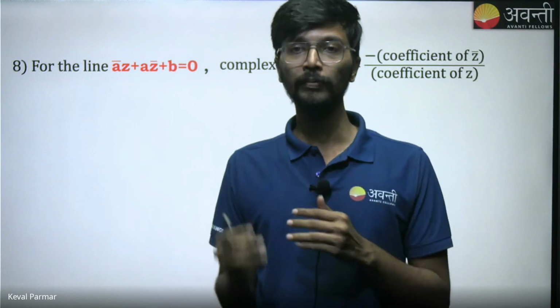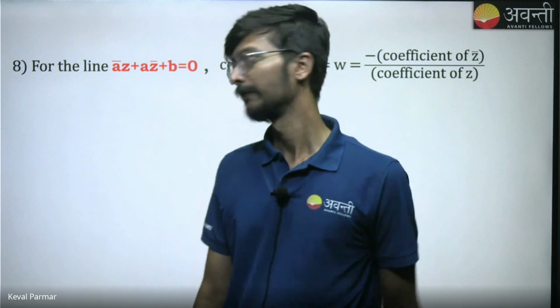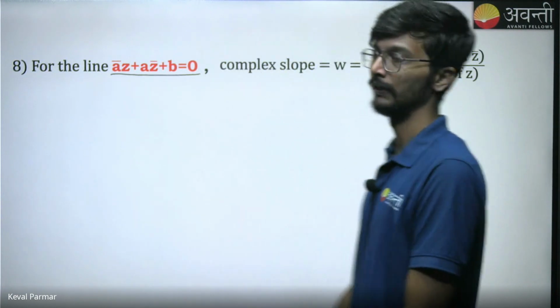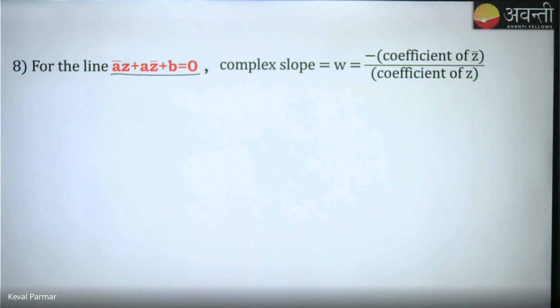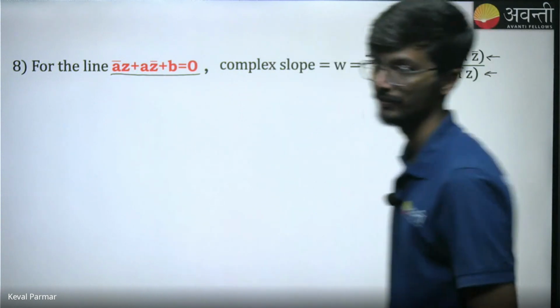Then what was the slope? It was minus coefficient of x upon coefficient of y. Similarly, the general form of straight line in the complex plane is this. Then what is the slope? It is minus coefficient of z bar upon coefficient of z. Make sure here it comes z bar first and then z.